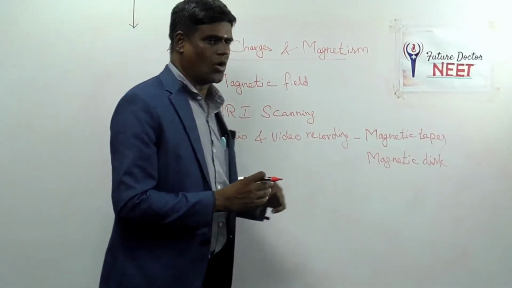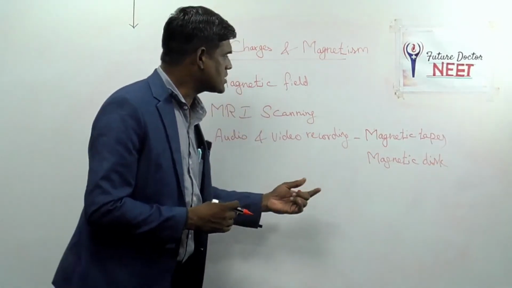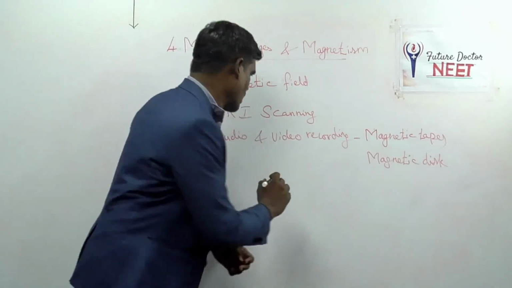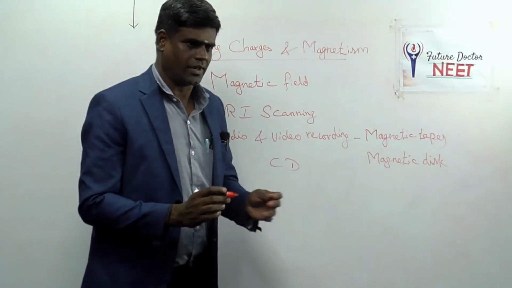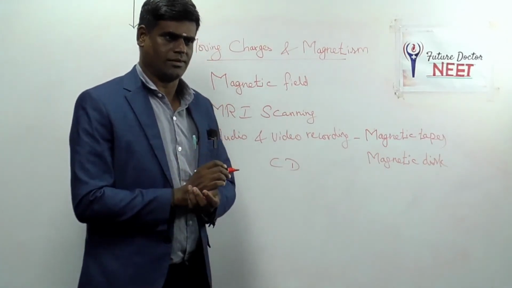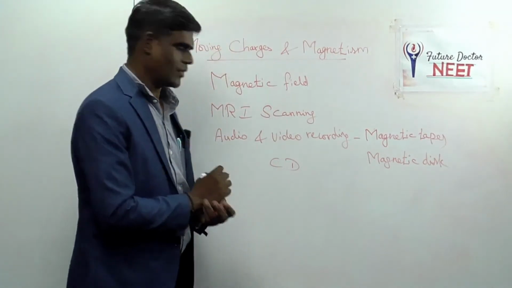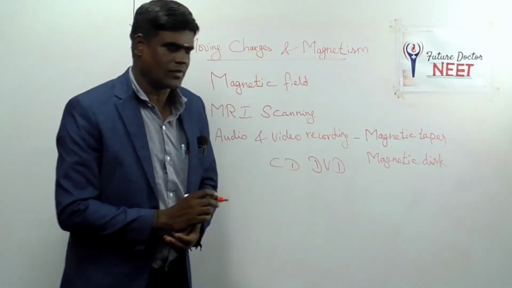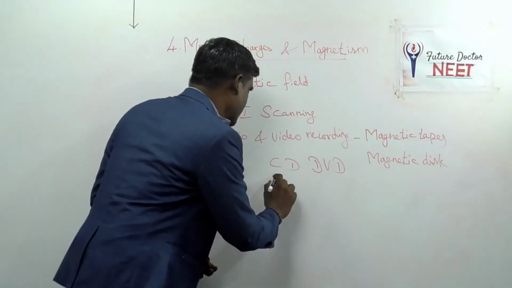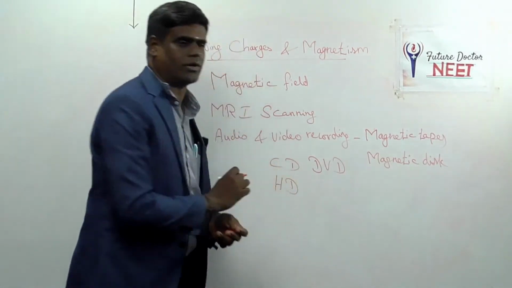That is called audio tapes. Nowadays magnetic disc, CD. What is the expansion of CD? Compact disc. DVD, digital versatile disc. And HD, hard disk.